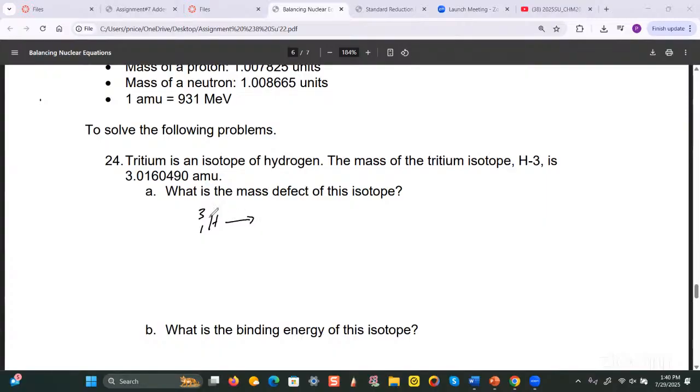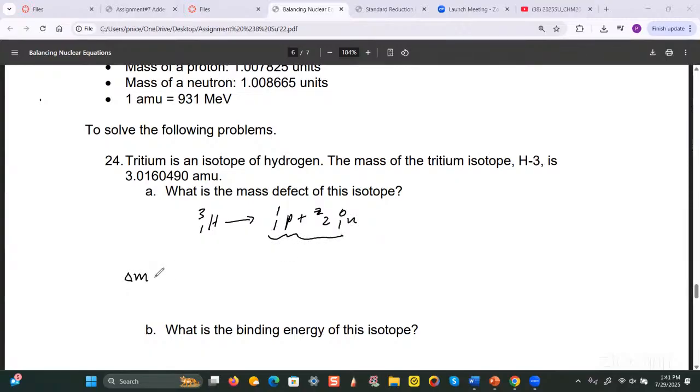Based on the formula here for tritium, you can see that tritium has 1 proton and 2 neutrons. So when this breaks up, you're going to have 1 proton plus 2 neutrons. So what we're going to do is find the total mass of these to find the mass defect.